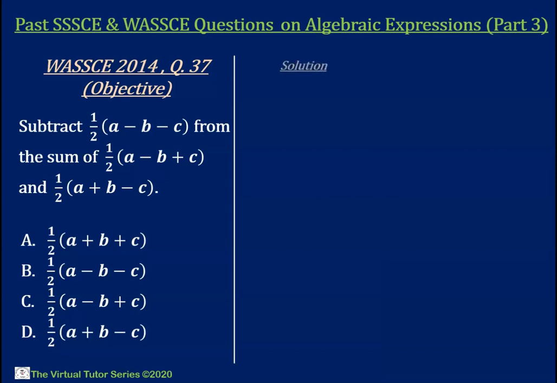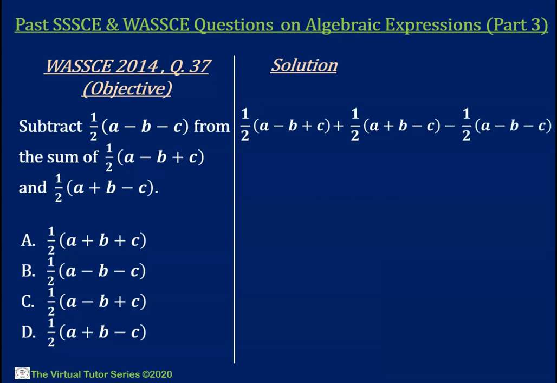Solution. We have the sum of 1/2 into bracket a minus b plus c and 1/2 into bracket a plus b minus c, minus 1/2 into bracket a minus b minus c.